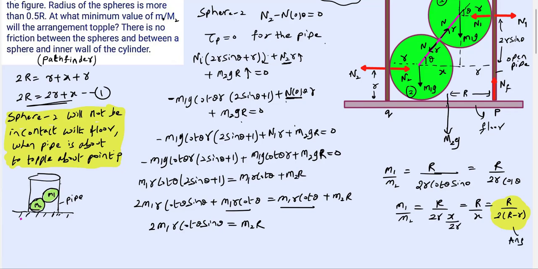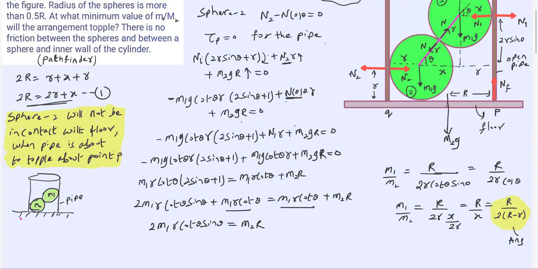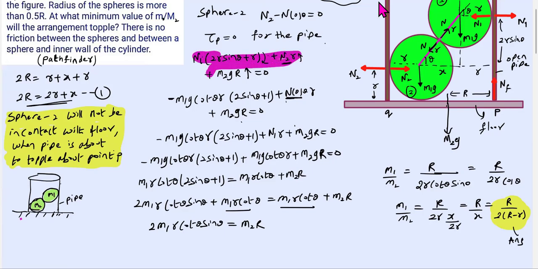Some good problems, like toppling due to connecting bodies, we have discussed. The thinking part of the problems I'm highlighting is writing this torque equation. These are the most essential, important ideas.